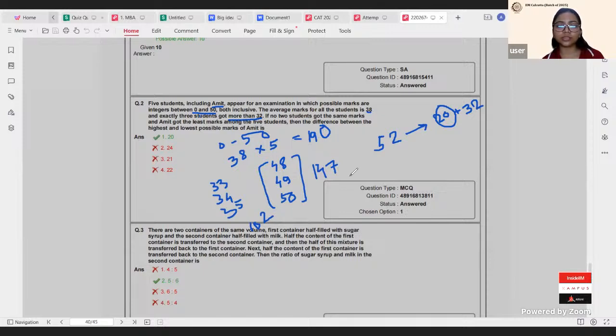But then the sum is 190, so 88, which is pretty much not feasible.